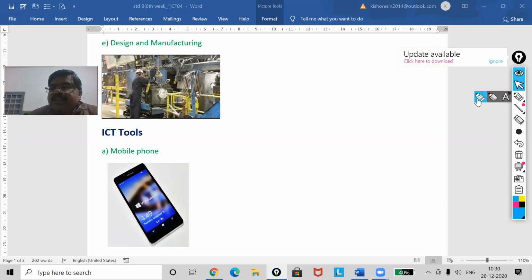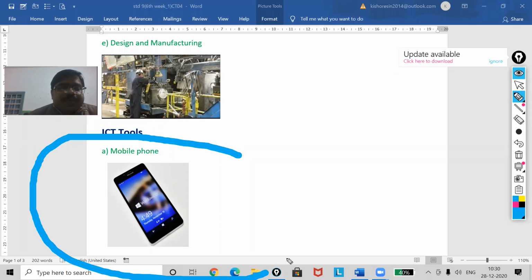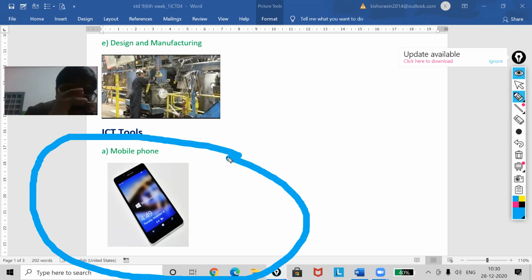The first one is the mobile phone, also known as a smartphone. Students, a mobile phone is a device that helps you in performing different tasks, such as sending and receiving mails, watching videos, online transactions, e-shopping, e-learning, and many things.